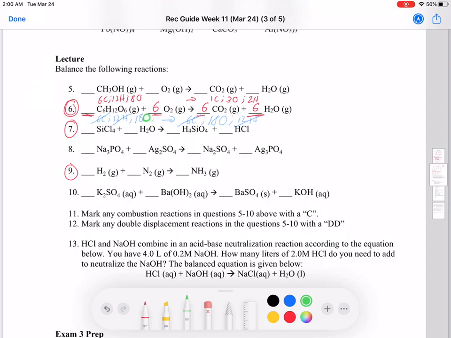I will just put an X in here so you can tell the difference. So that's oxygen, and that goes as well. So this is correctly balanced.